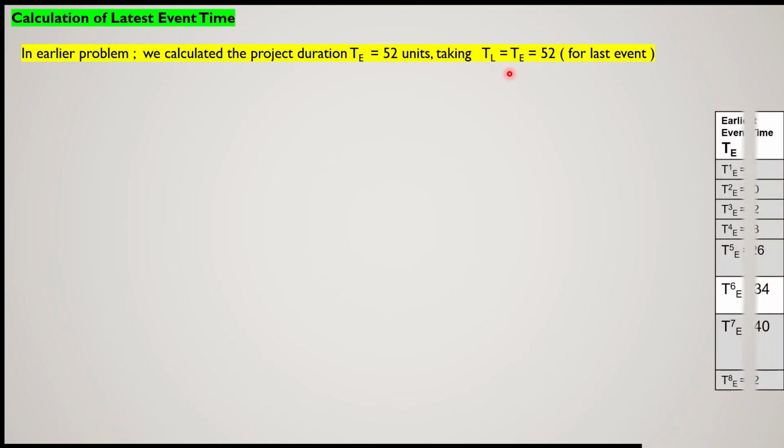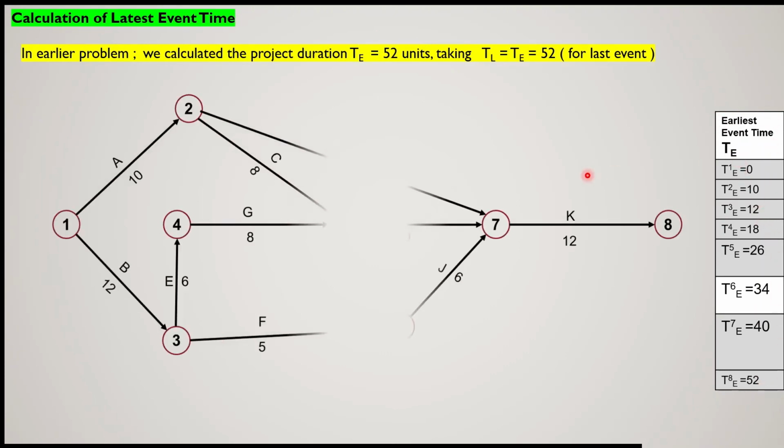So that is 52. This table is just one portion of the table we have picked from the previous problem, because we are going to solve the same network. The same network we have drawn, and we have already calculated the earliest event time for each event. Now we have to calculate the latest event time for all the events.